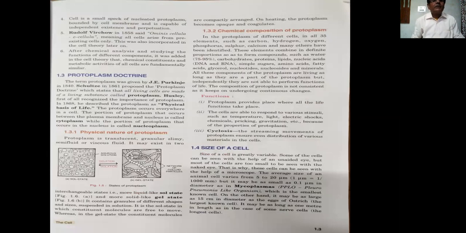Now the protoplasm doctrine. The term protoplasm was given by J.E. Purkinje in 1840. What is protoplasm? Proto means primitive. So, a primitive type of substance having living nature.